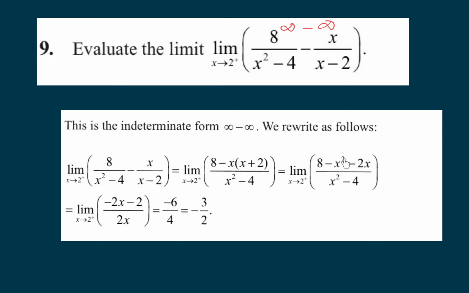And now it's in the form 0 divided by 0, and now I can apply L'Hopital's rule. L'Hopital's rule says don't do this limit; do the same limit of the derivative of the numerator divided by the derivative of the denominator. And this limit will tend to minus 3 halves. And the problem is solved.